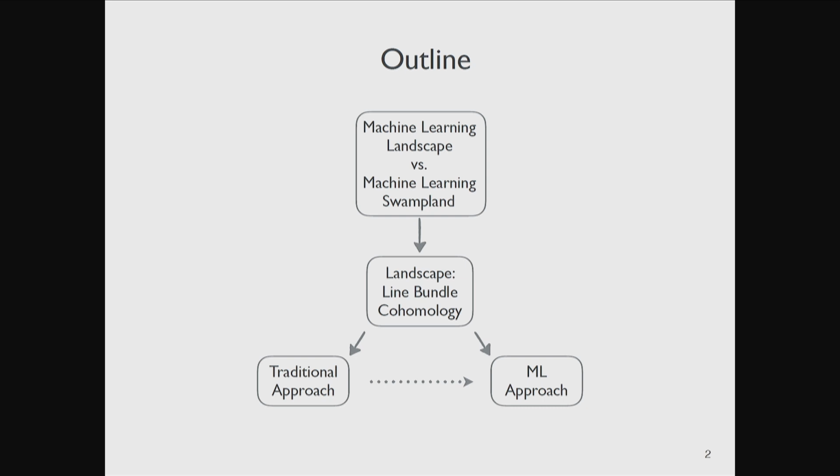Many people in the audience here have worked on machine learning cohomology groups. But we'll see that our approach was a bit different and led also to some interesting results. First, I will show you the traditional approach to computing line bundle cohomology.